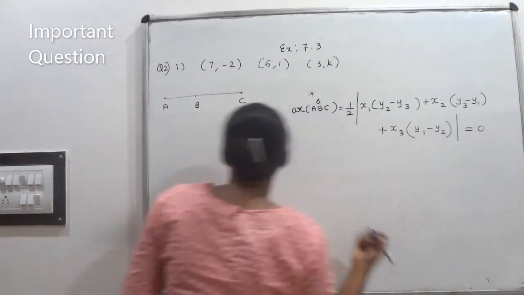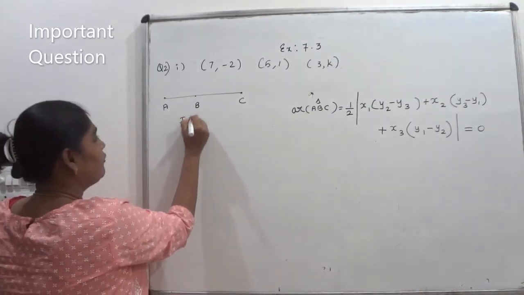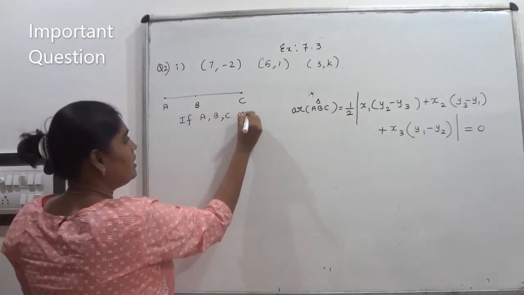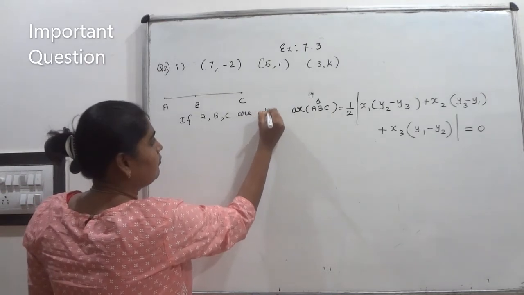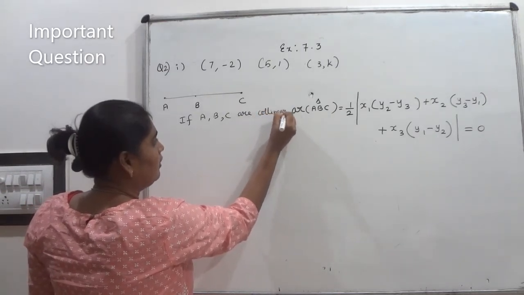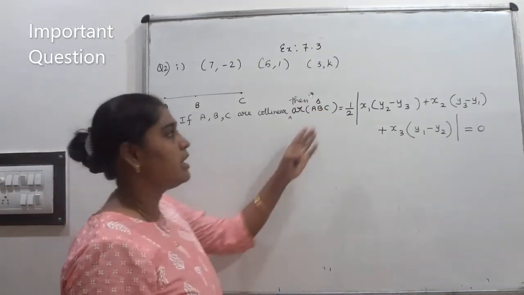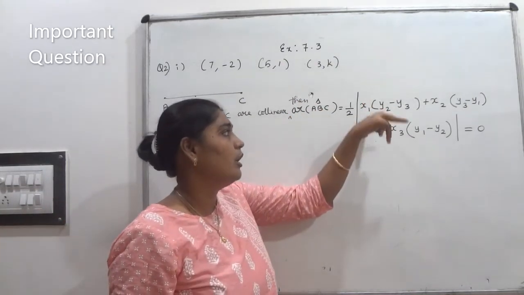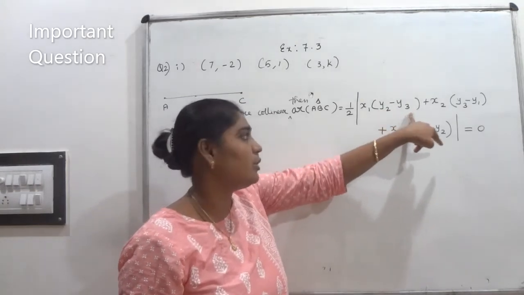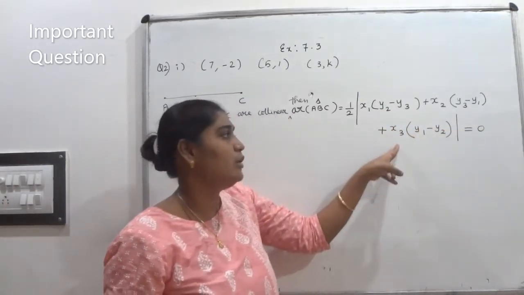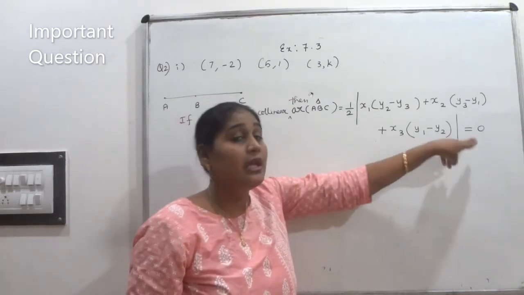So, I am writing here, if A, B, C are collinear, then area of triangle ABC equals half into x1 into (y2 minus y3) plus x2 into (y3 minus y1) plus x3 into (y1 minus y2) equal to 0.